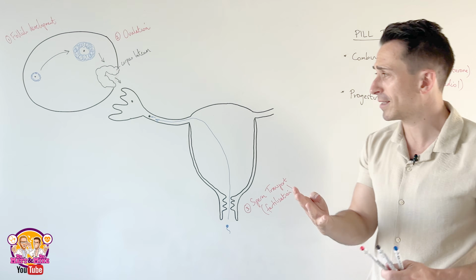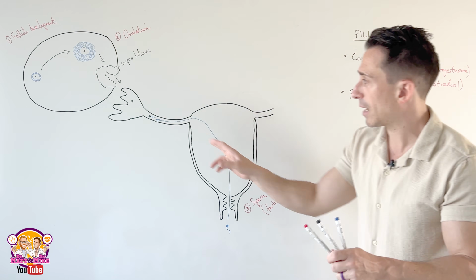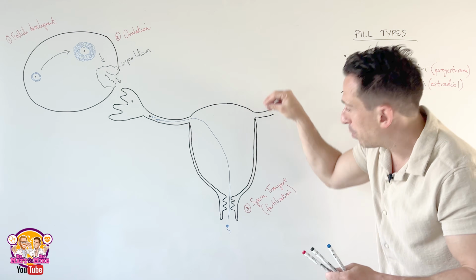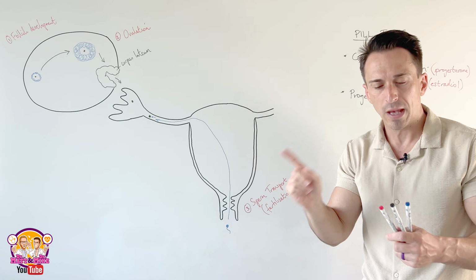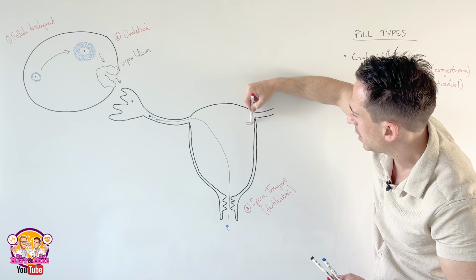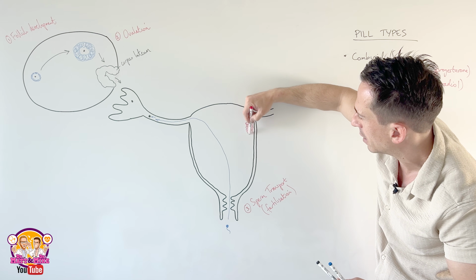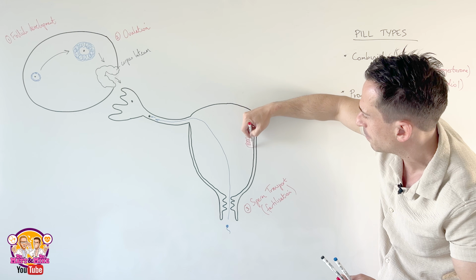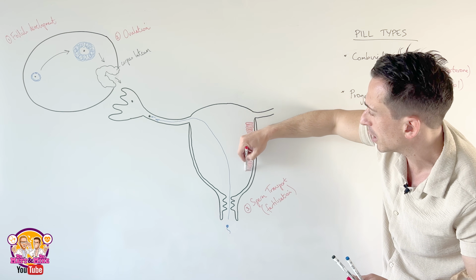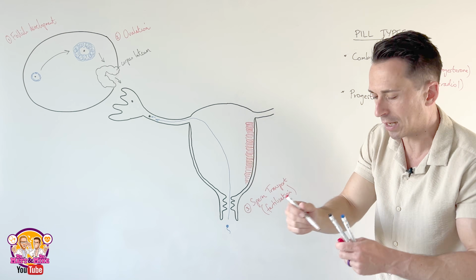All right, so we've got our third thing. What's the fourth thing that needs to happen? This is the last one. Fourth thing that needs to happen is the fertilized oocyte needs to implant in the uterine wall. And in order for that to happen, the uterine wall, specifically the functional layer of the endometrium, needs to thicken. It needs to become more vascular. It needs to become more glandular to secrete a whole bunch of important chemicals.